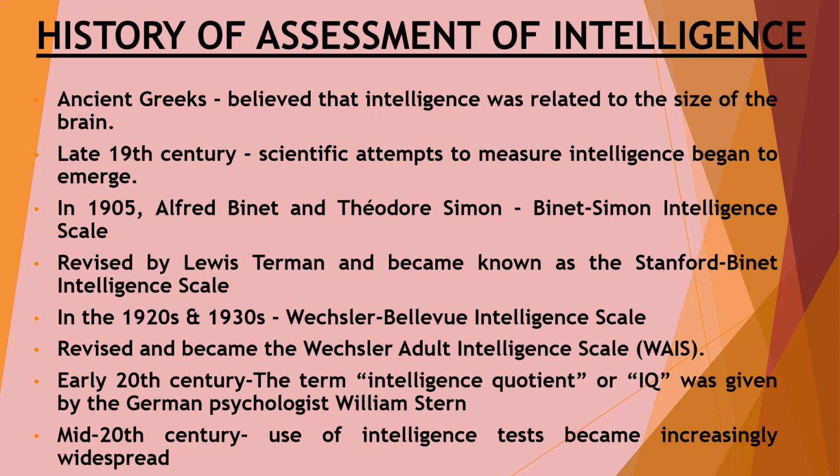The use of intelligence tests became increasingly widespread in the mid-20th century, as they were used to assess military recruits during World War II and later became a standard tool for assessing school children and diagnosing learning disabilities. In recent years, new approaches to assessing intelligence have emerged.